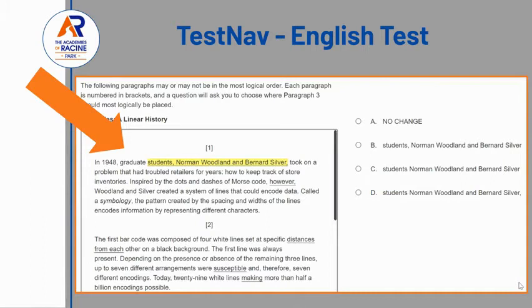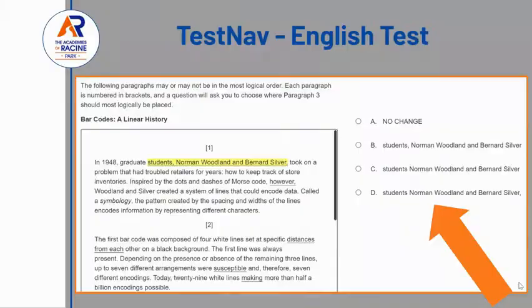All right, so the English test is going to look like this. On the left side, you're going to see a passage divided into sections like this, and then there are going to be parts of it that are highlighted and underlined, and that is the part that they're asking you, what needs to change here? Okay, what makes this incorrect? And then on the right side, you're going to see your answer choices, and then you're going to select the one that is the best answer of those choices.